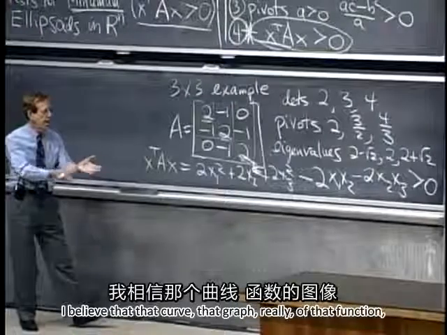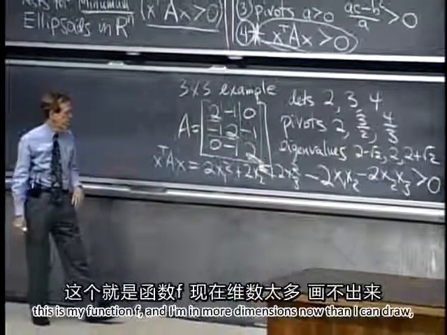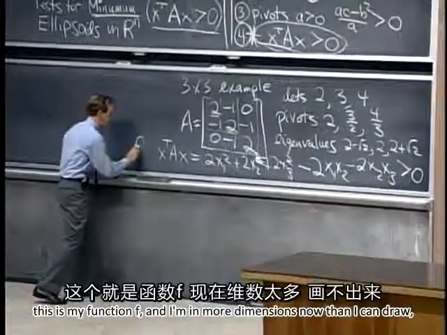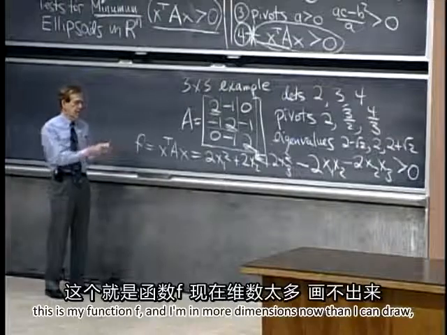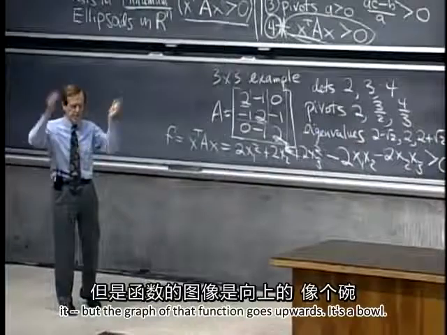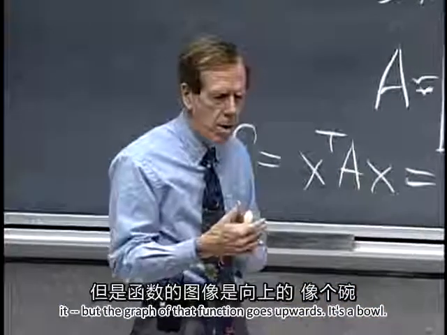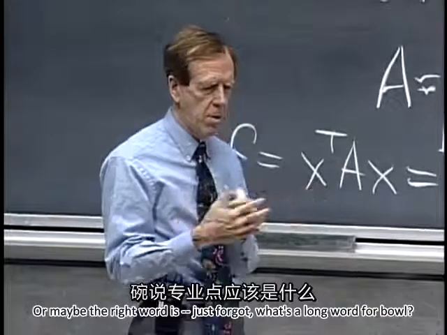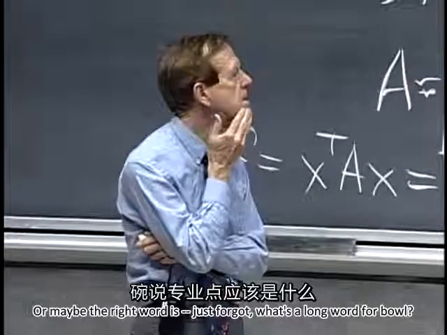I believe that that curve, that graph of this function, this is my function f, and I'm in more dimensions now than I can draw, but the graph of that function goes upwards. It's a bowl, or maybe the right word is... forgotten.